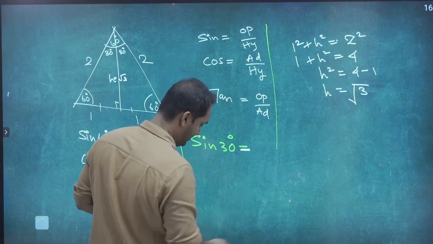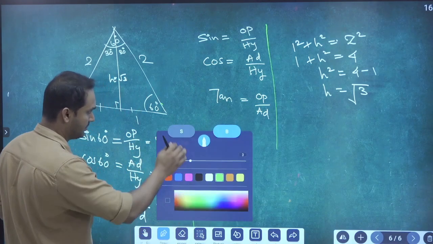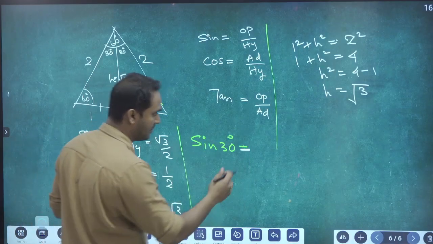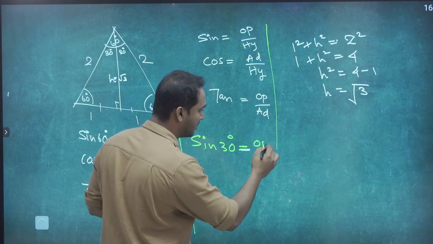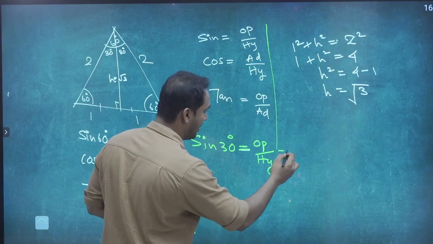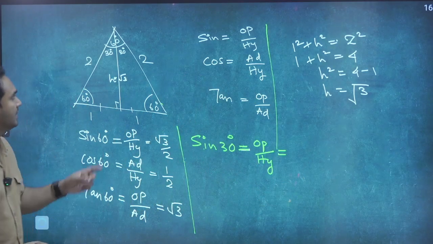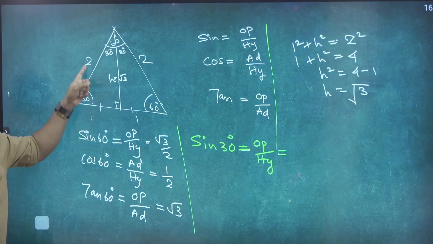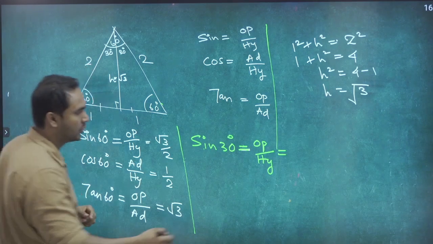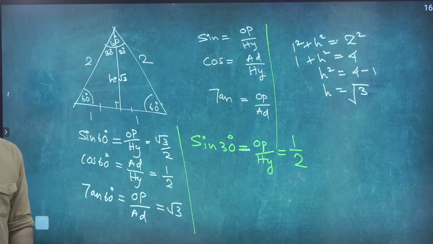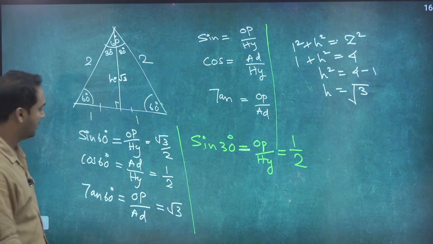The opposite is 1, hypotenuse is 2. So sine 30 equals what? Half. Yes, sine 30 equals half.